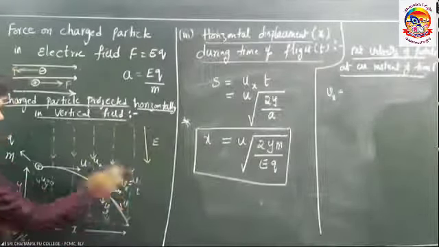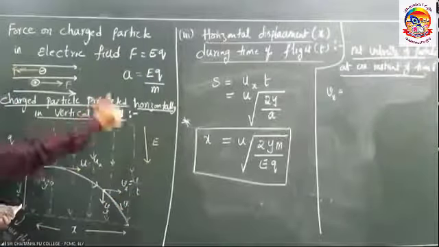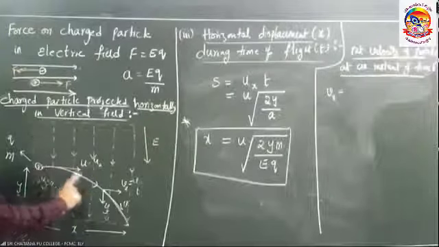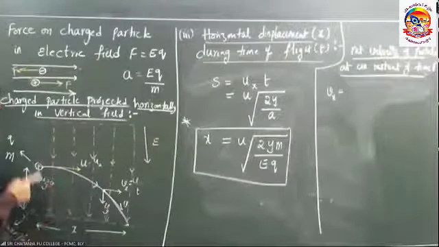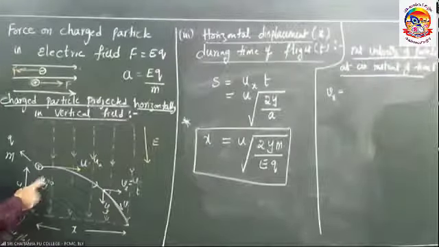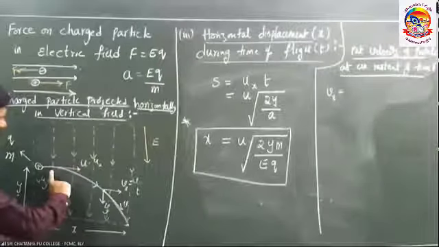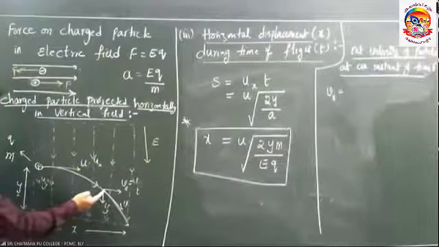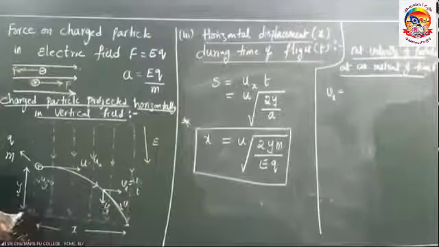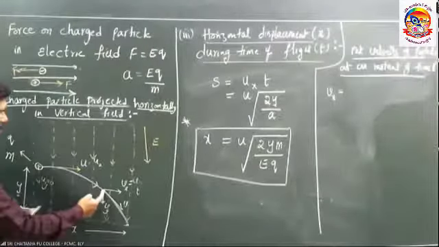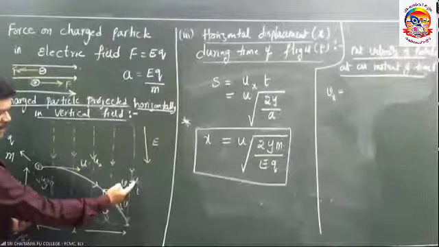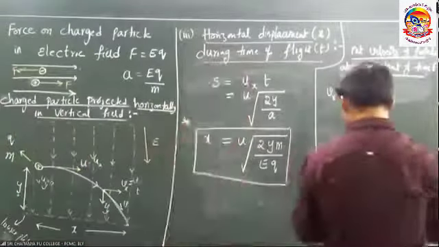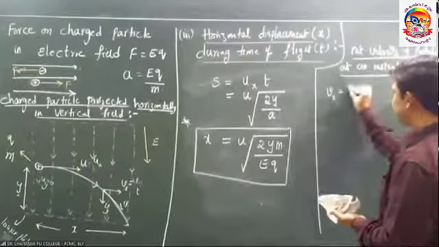Horizontal velocity remains constant. Due to this force, what varies? Only the vertical velocity as it is coming down. Initially, vertical velocity is 0. While it is coming down, vertical velocity gradually increases. So at this point, vertical velocity is Vy. At this point, horizontal velocity remains the same, u, right? So horizontal velocity Vx is equal to u.